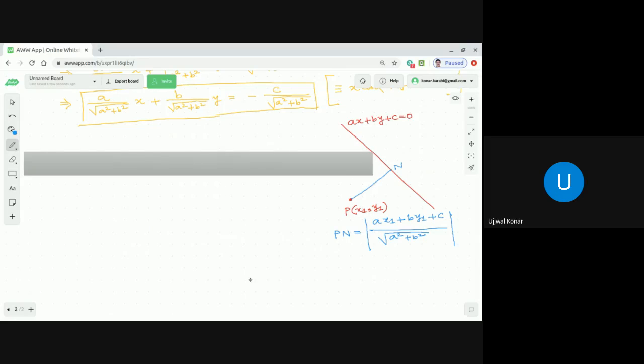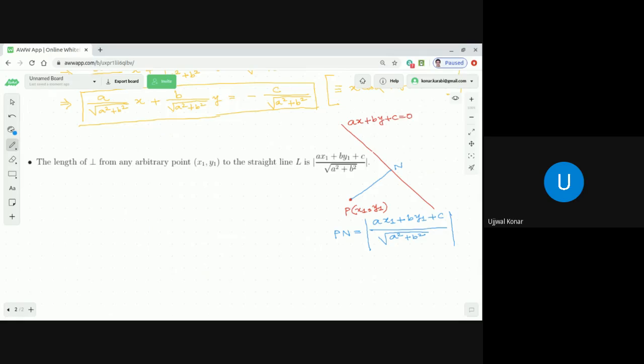Now the last point for today, what I'm going to discuss is something like this. Two arbitrary points x1, y1 and x2, y2 will lie on the same side of the straight line if a condition is satisfied, and they will be on different sides of the straight line if another condition is satisfied. So what are those conditions that we are going to discuss?